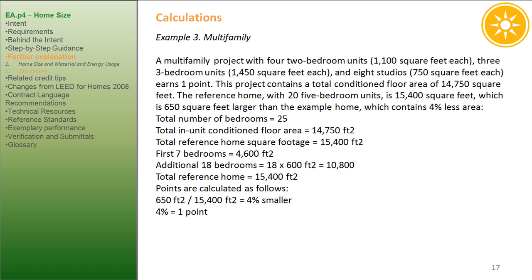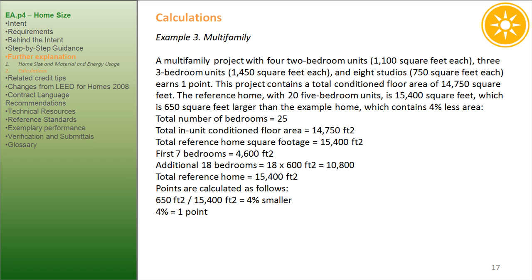Total number of bedrooms equals 25. Total in-unit conditioned floor area equals 14,750 square feet. Total reference home square footage equals 15,400 square feet. First 7 bedrooms equals 4,600 square feet.